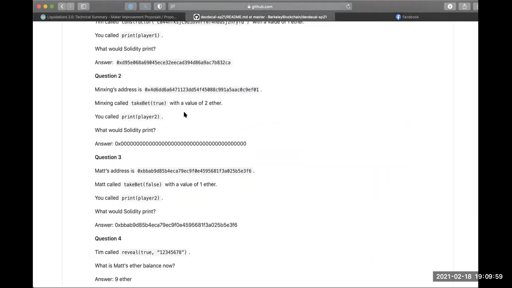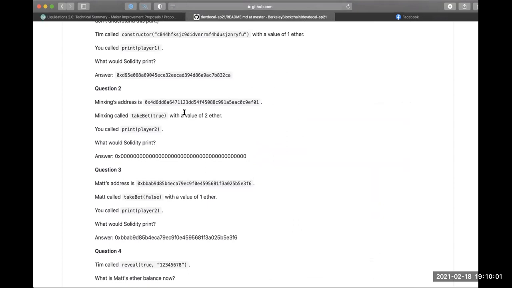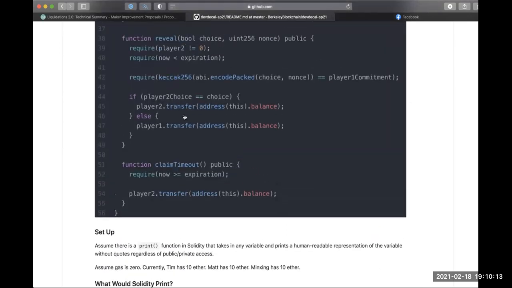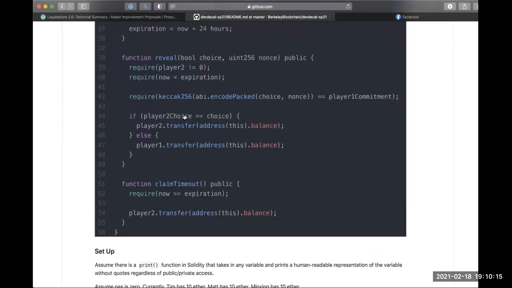Cool. So then question 4, Tim calls reveal true. What is Matt's ether balance? Remember that Matt took the bet as false. So let's go to reveal. Player 2 is Matt.